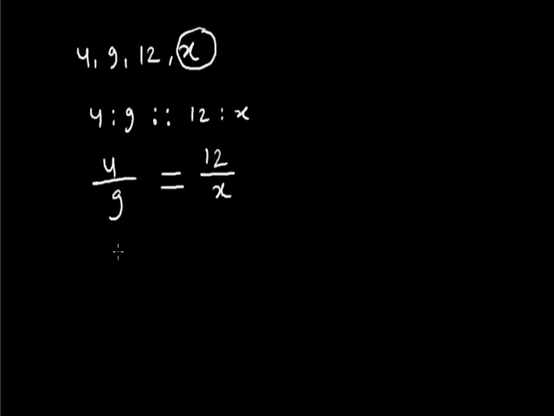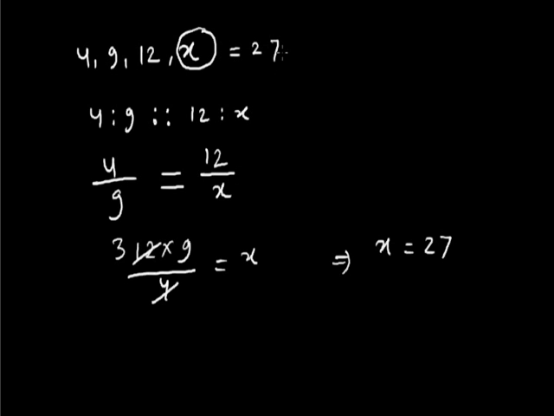Now using cross multiplication we can conclude that x equals 12 multiplied by 9 divided by 4, and cancelling the 12 in the numerator with the 4 in the denominator by a factor of 3, we get x equals 27. So the fourth proportional to the three numbers 4, 9, 12 is 27.